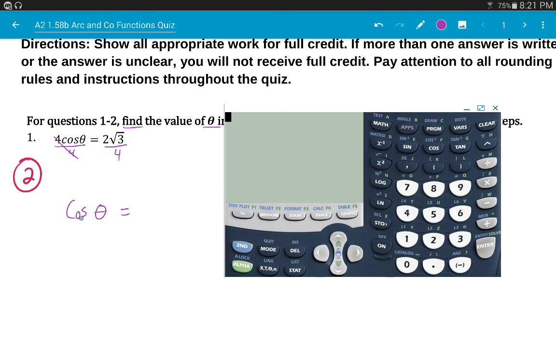Okay, so cosine of theta is equal to 2 rad 3 over 4. Let's see what that's equal to. 2 square root of 3 over 4. Okay, so that's 0.866.